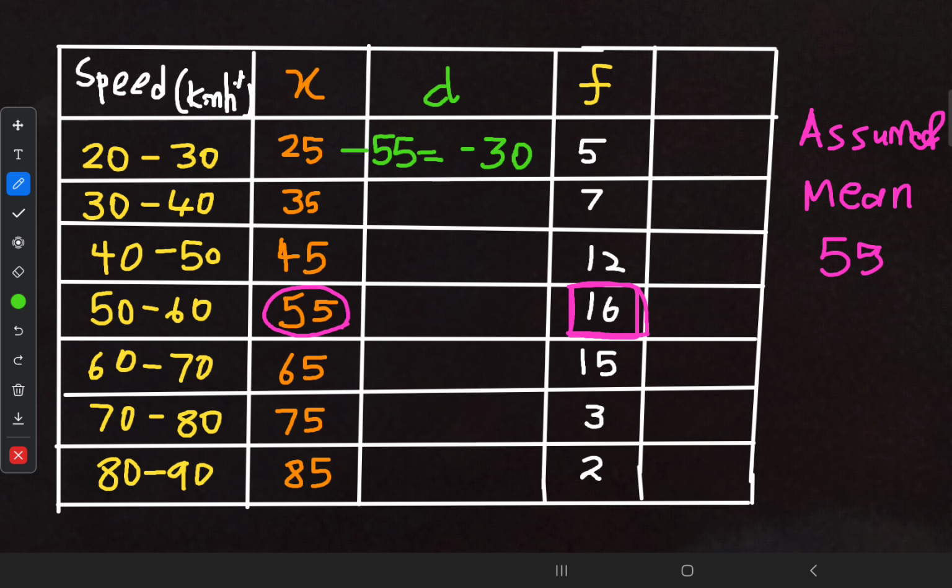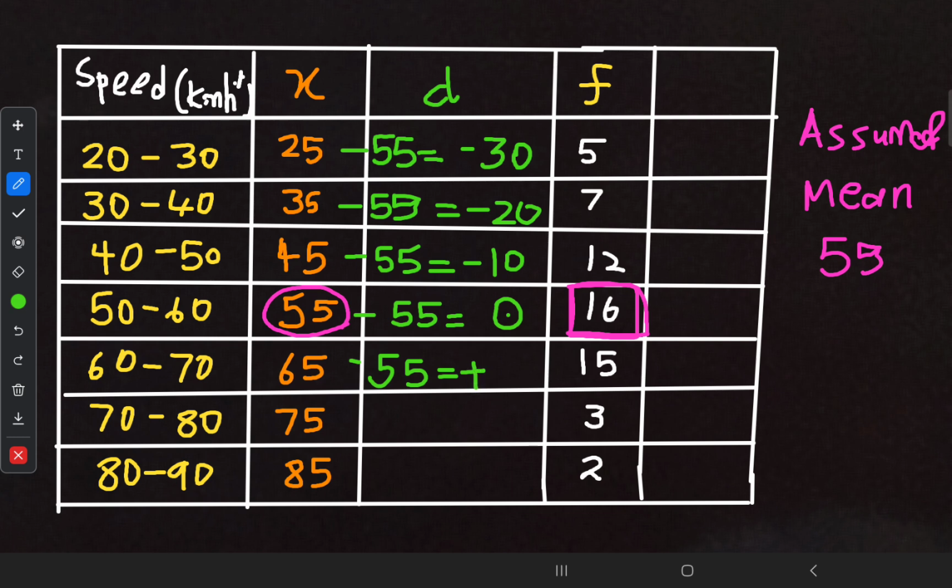Then the next thing, 35 minus assumed mean, which is 55, that will give you negative 20. Similarly, 45 minus assumed mean 55 will give you negative 10. Then 55 minus 55 will give you 0. Then 65 minus 55 will give you positive 10. It's better to indicate the positive direction. 75 minus 55 will give you positive 20.